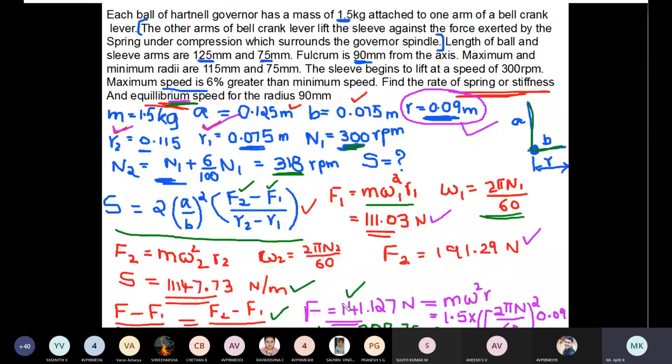So from this equation, n is unknown, that is the equilibrium speed, and you will get the final answer n value as 308.75 rpm. You can note down the final answer. So that completes the solution of this one.